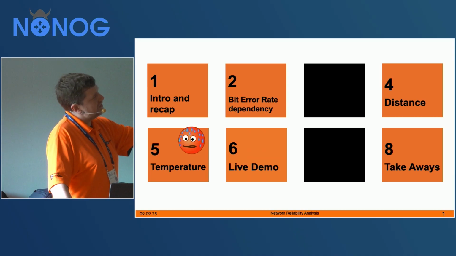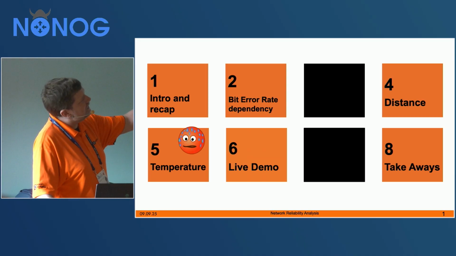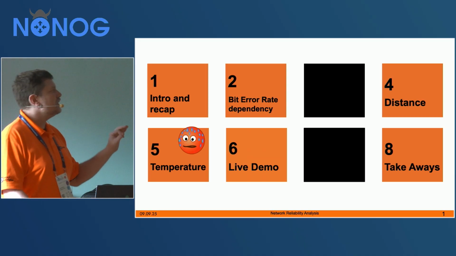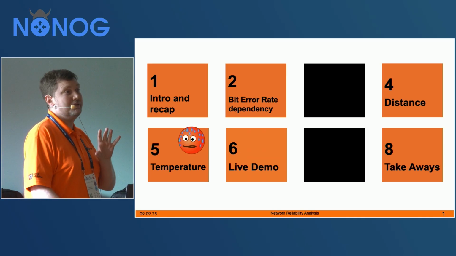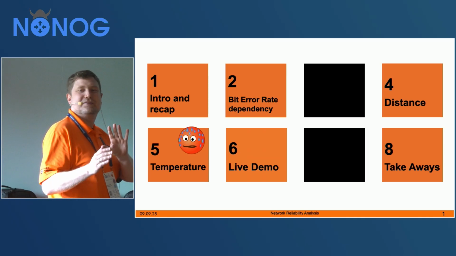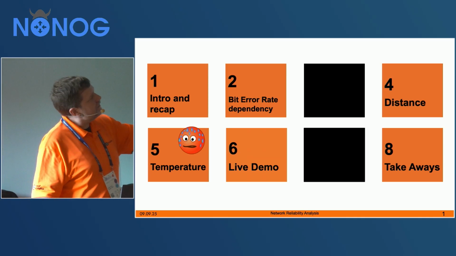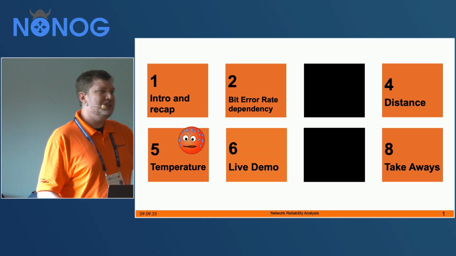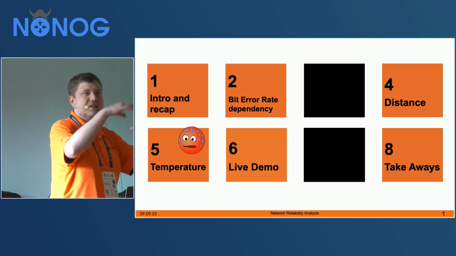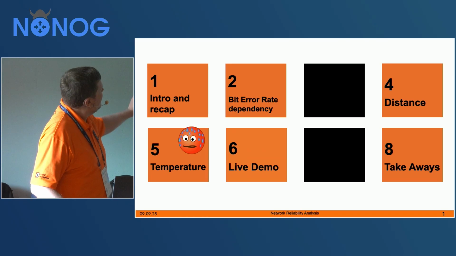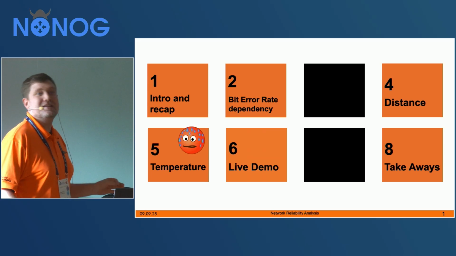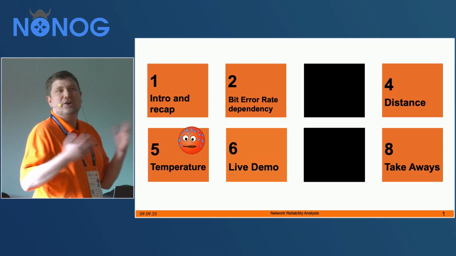One important factor, number 4, is that we have black boxes, which will be revealed in 2 or 3 months because it's a series of presentations. We are going to compare distance, which means different fiber lengths connected to the transceivers, and temperature. Because temperature in your racks is always a problem.